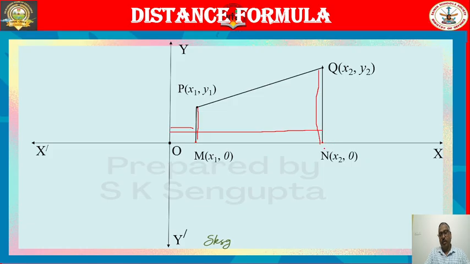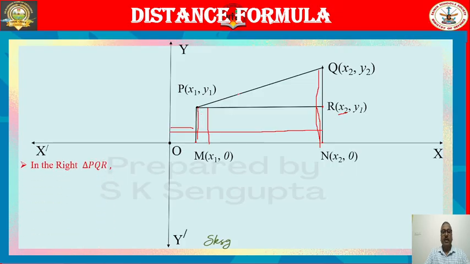The foot of the perpendicular, the coordinate of N, is (x2, 0). If we draw another perpendicular from P on QN, say this is R, the coordinate of R will be (x2, y1), since PM is equal to RN, equal to y1.